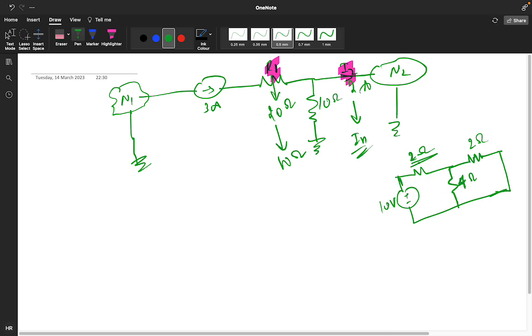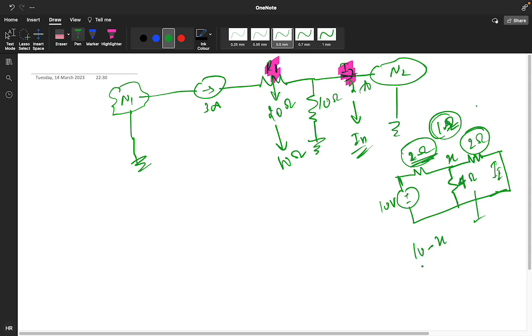If you change this resistor to 1 ohm, and earlier you were getting some current I1, just check whether the value is getting doubled or tripled. Okay, let's check. I don't know whether it will change. Suppose the value was earlier 2 ohm. So first find the value.